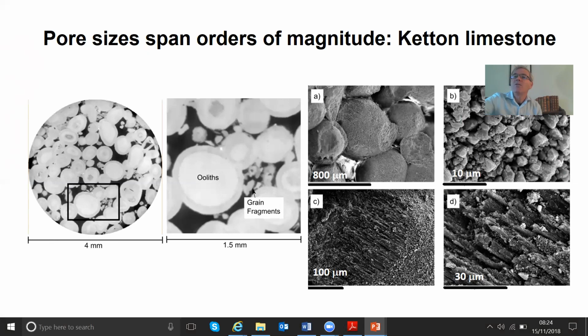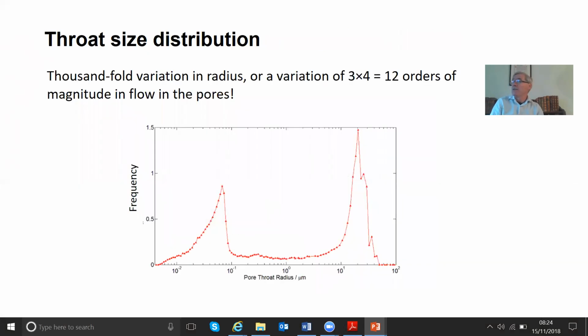So if we measure the pore size distribution, and there are ways of doing this that I haven't discussed yet, what we can see here is frequency against what's called a pore throat radius. It's actually a local restriction to flow, obviously, because that's what's going to govern the flow. We see that we have these larger pores with radii that are a few tens of microns, maybe as much as 100 microns across.